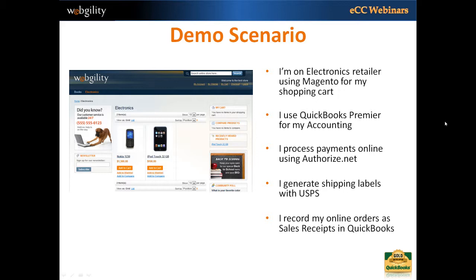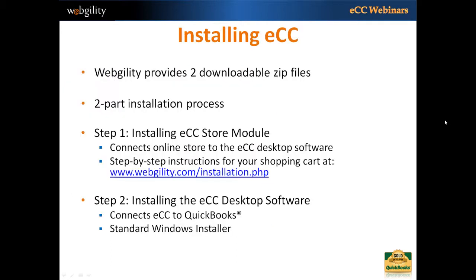I'll assume that all of my payments are already processed online using Authorize.net, and also assume that I generate my labels with USPS. And I like to record my online orders as sales receipts in QuickBooks. So here's my demo store, and I'm now using QuickBooks Premier, and we'll jump into the next step, which is to install eCC.